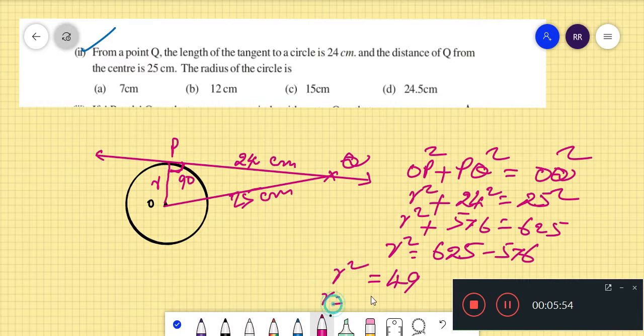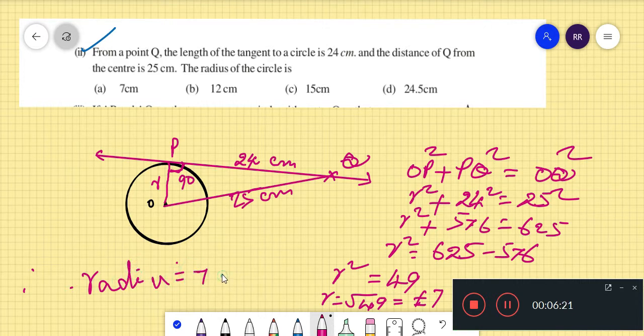R equal to root of 49, that is equal to plus or minus 7. The distance will always be positive. So R means radius. Therefore the radius of the given circle is equal to 7 centimeters. Here A 7 centimeters, B 12 centimeters, C 15 centimeters, D 24.5 centimeters. So the answer is 7.